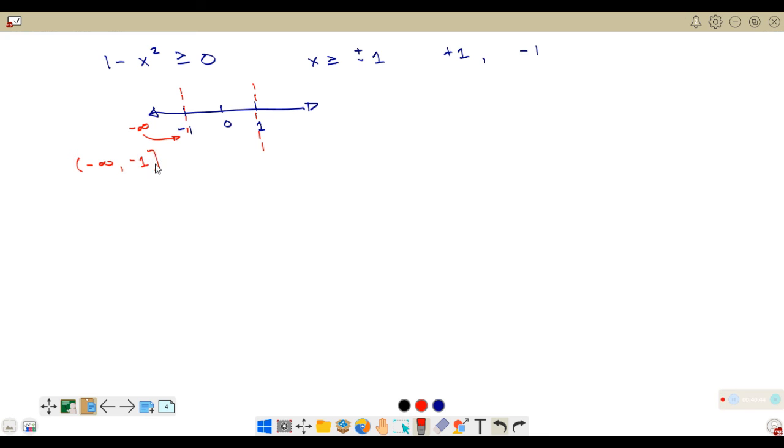Since pwede i-include si negative 1, we are going to have the closed interval. Negative infinity to negative 1, yung una nating interval, and then yung isa ay negative 1 to positive 1. Tapos yung isa ay from positive 1 to positive infinity.